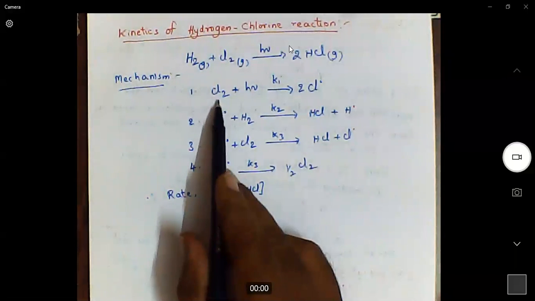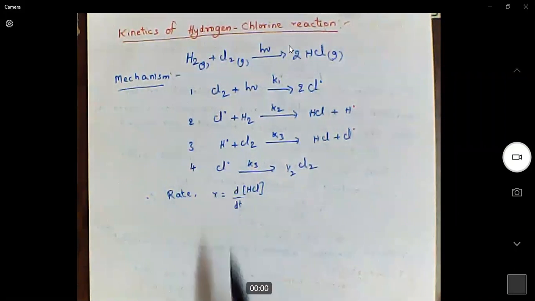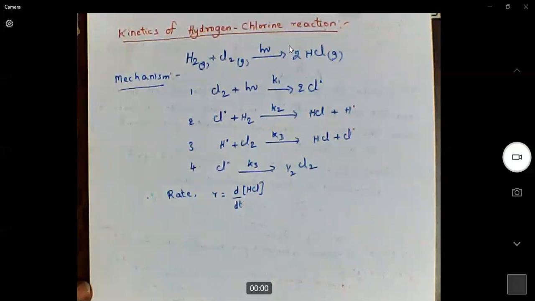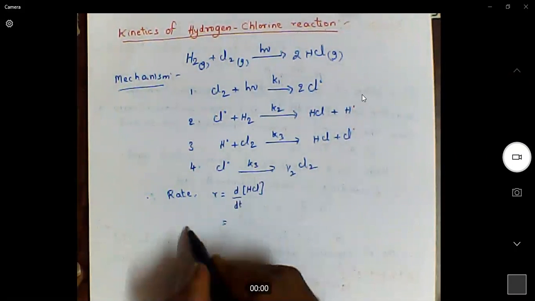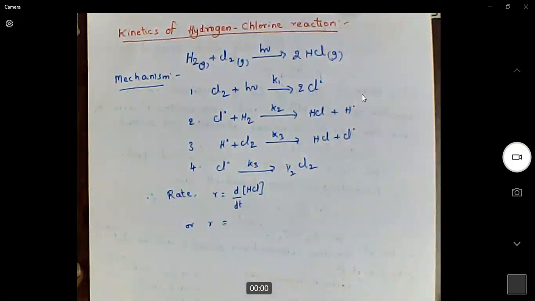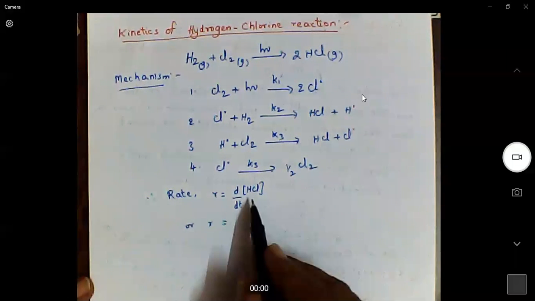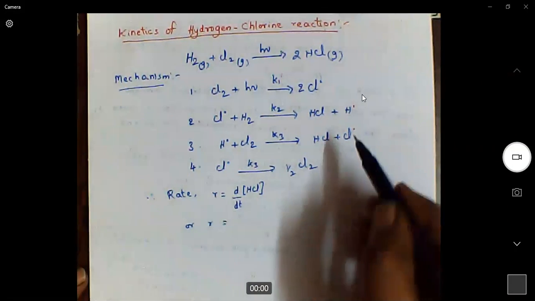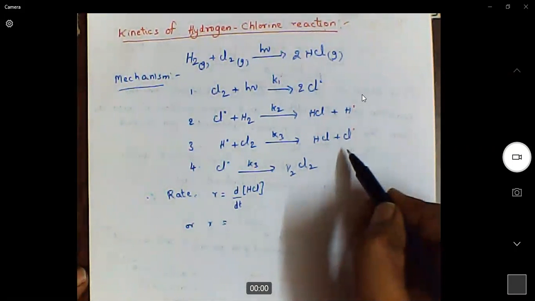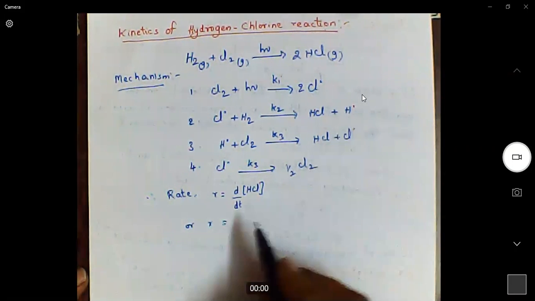If it is reactants, we will have a minus sign, rate of decomposition of reactants. Now, where is this product? From the mechanism, we can easily write the expression for rate of the reaction. Wherever HCl is there, we will write the rate expression from those equations. In the second step and third step, HCl is there. So we can write the rate expression.